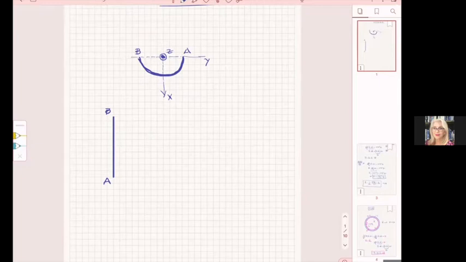We found that the field around this goes in a radial way.